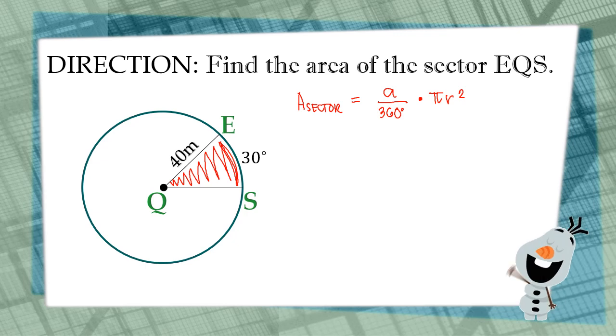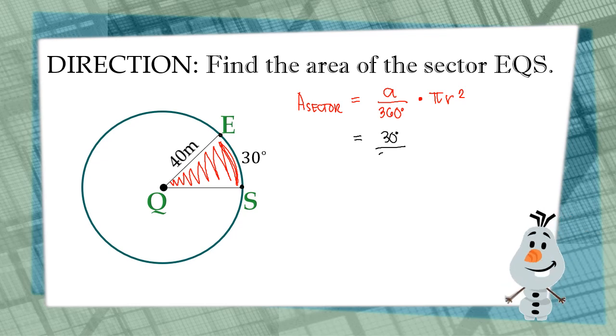Now, let us start substituting in our formula. For our intercepted arc, here in our illustration, we have the intercepted arc ES, which is 30 degrees. So that's what we have here, and we simply copy 360 degrees times pi.